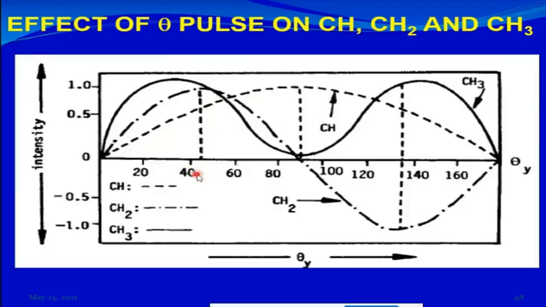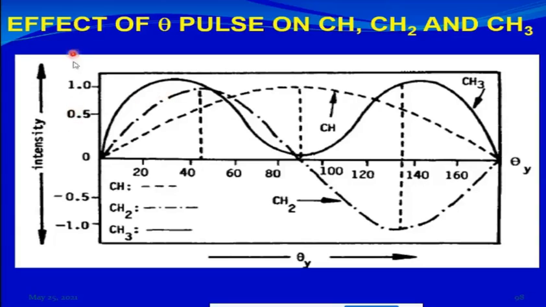So if you give a 45-degree pulse, you can see that the wave or the line for the CH is in the positive mode. The line for the CH2 is in the positive mode, see here, and the line for CH3 is also in a positive mode. So anything above this baseline is in a positive mode.